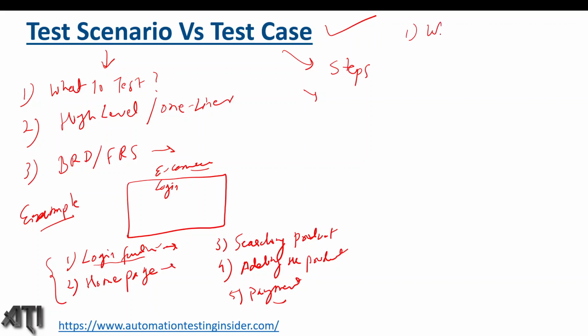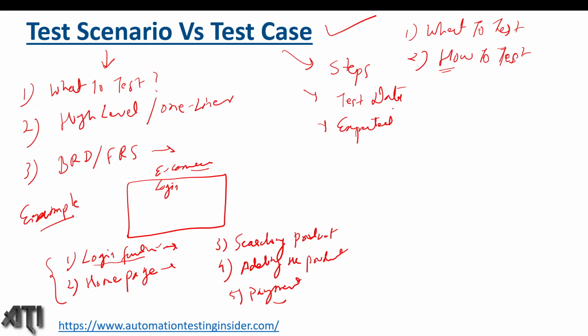First, what to test, and second, how to test. This is important. What are the different steps to test any functionality, and what is the test data. So it contains the test data as well, and the expected result.